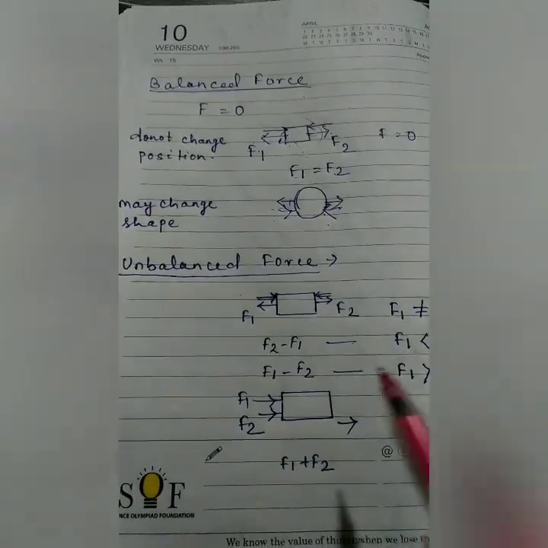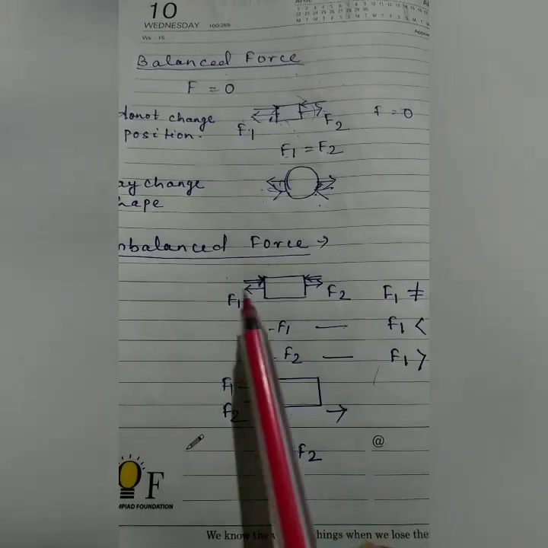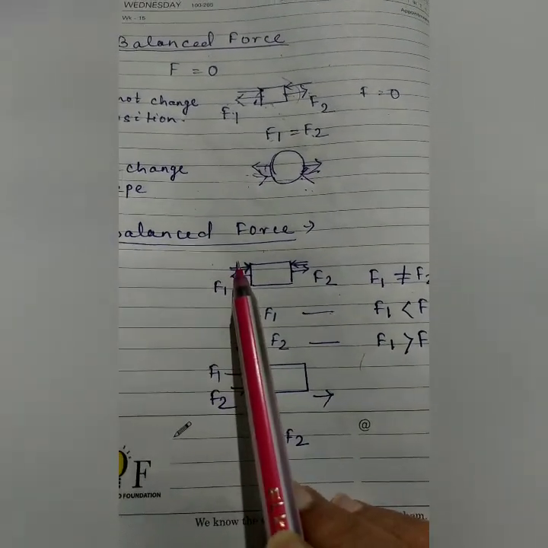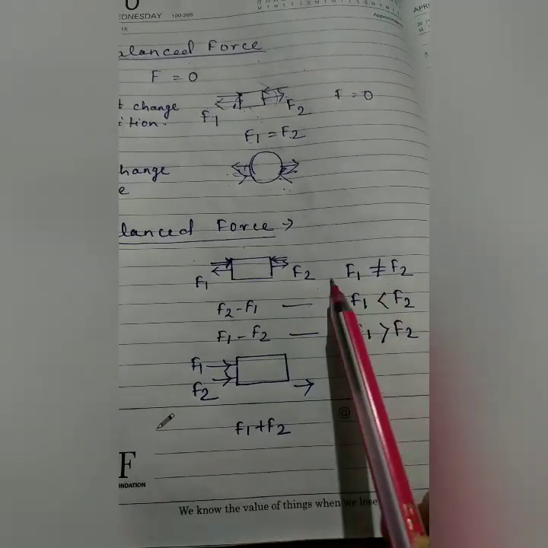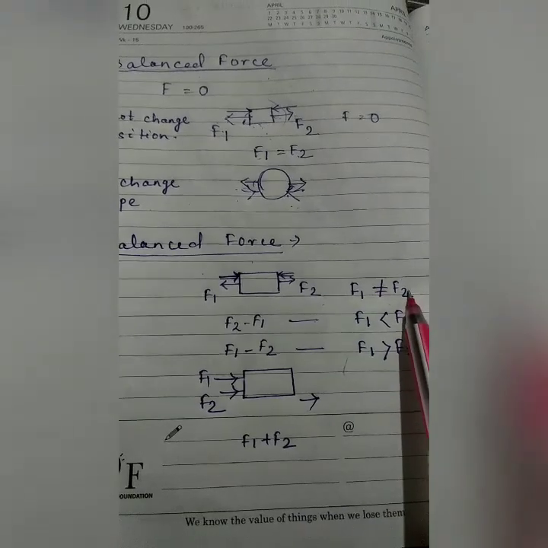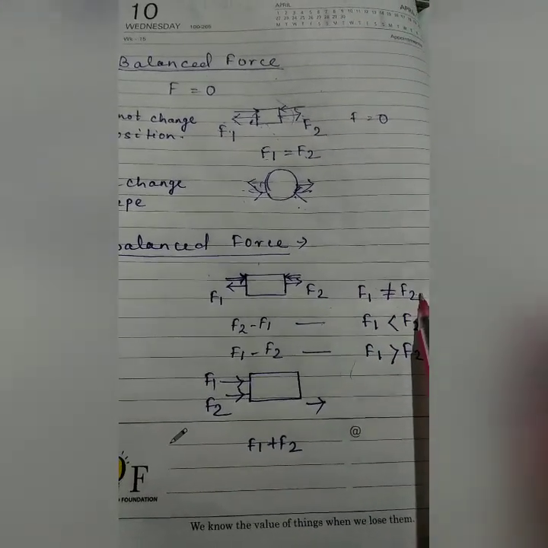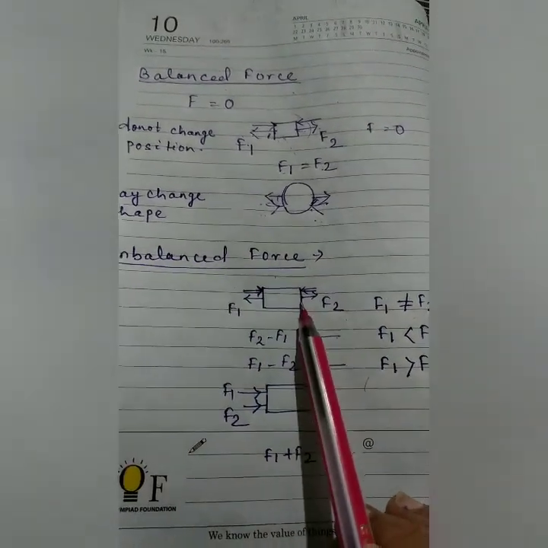But when you come to the unbalanced force, first we consider when the forces are applied in the opposite direction, either pulling or pushing. The two forces are acting on the object but these two forces are not equal to each other. Then there is a chance of movement of the object.